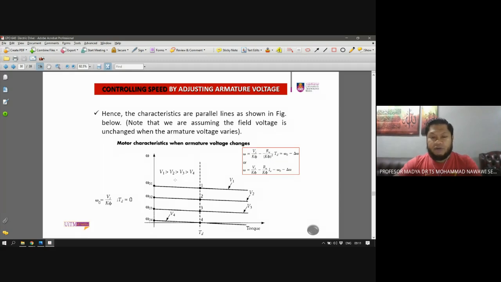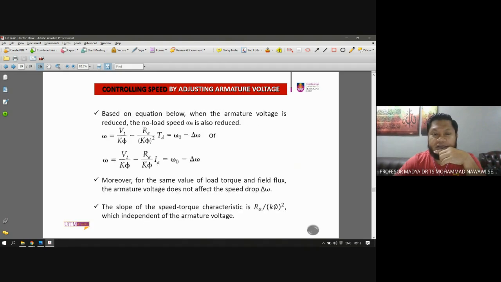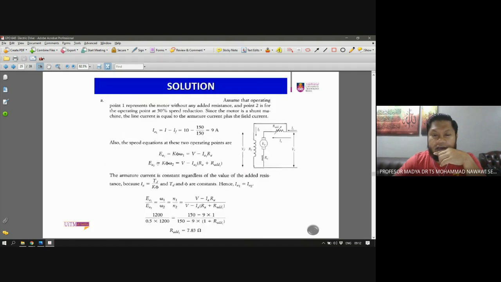All right. So the video that I'm going to share with you later on will focus on the converter that will vary the VT here. Okay. All right. So now I'm going to share with you how to look at the simulation of this circuit, the converter and the separately excited DC motor.